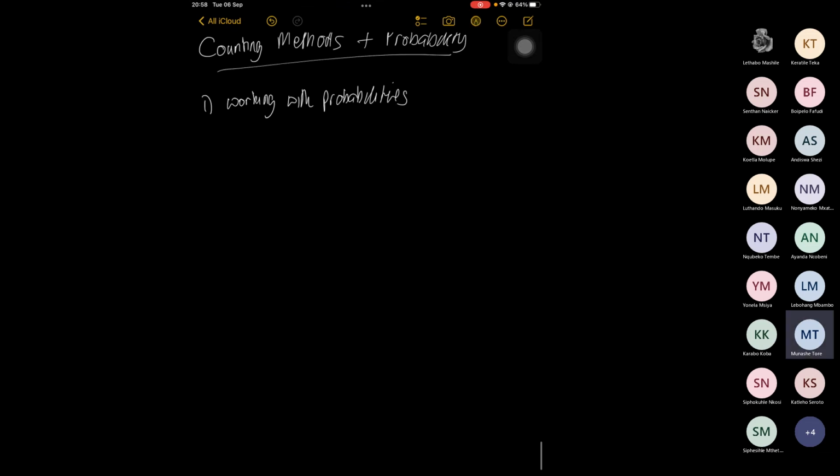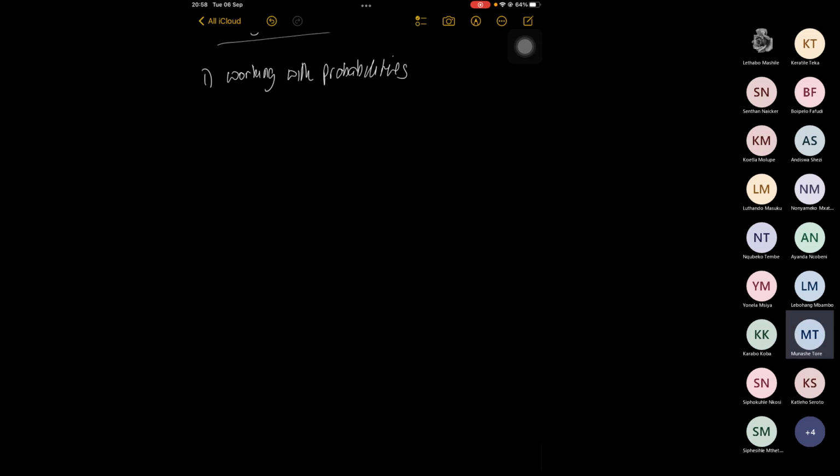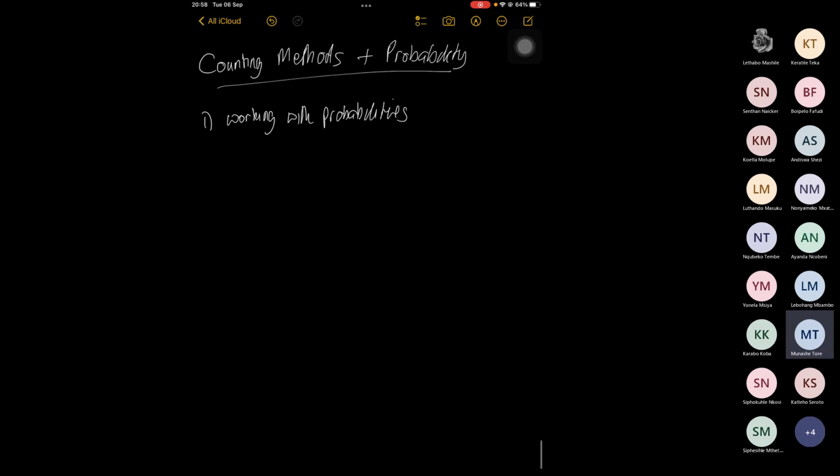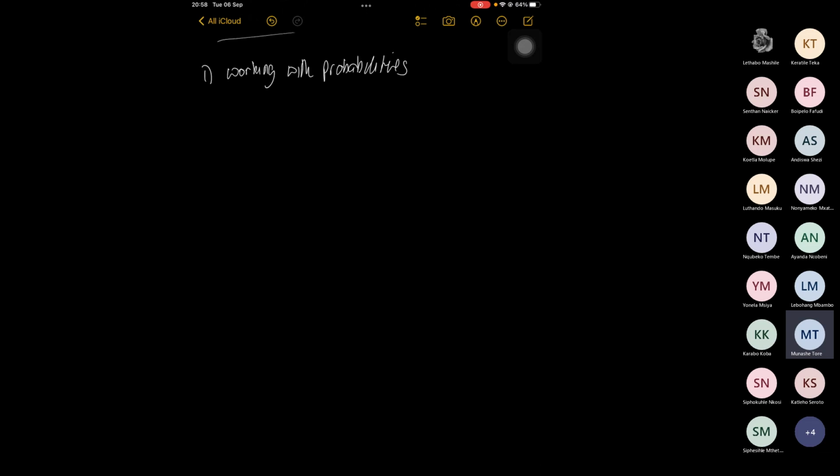When you're working with probabilities, we are not asked for the number of ways, but for the probability. But it's actually one and the same thing. Let's look at the first question in the document I sent.